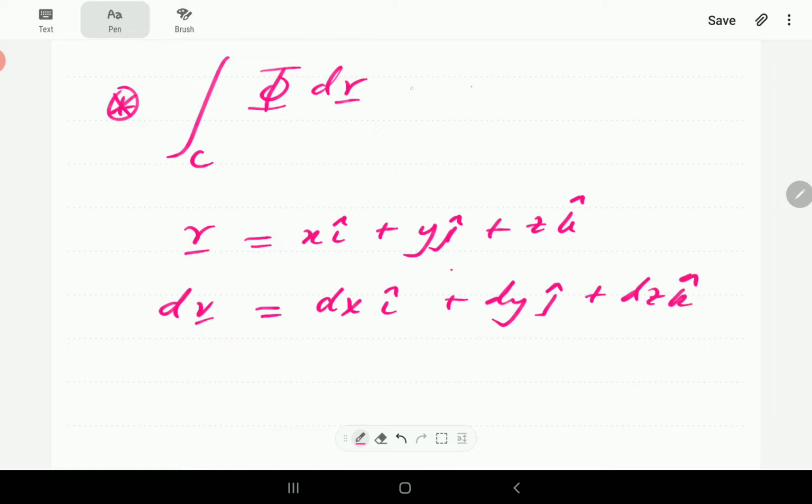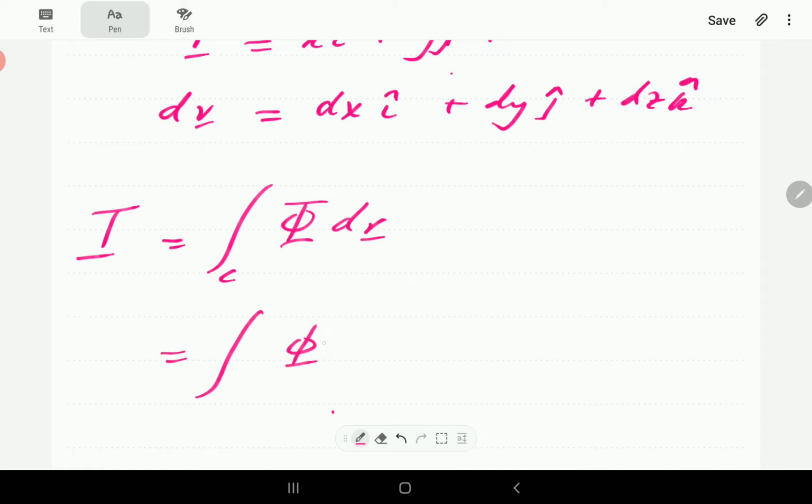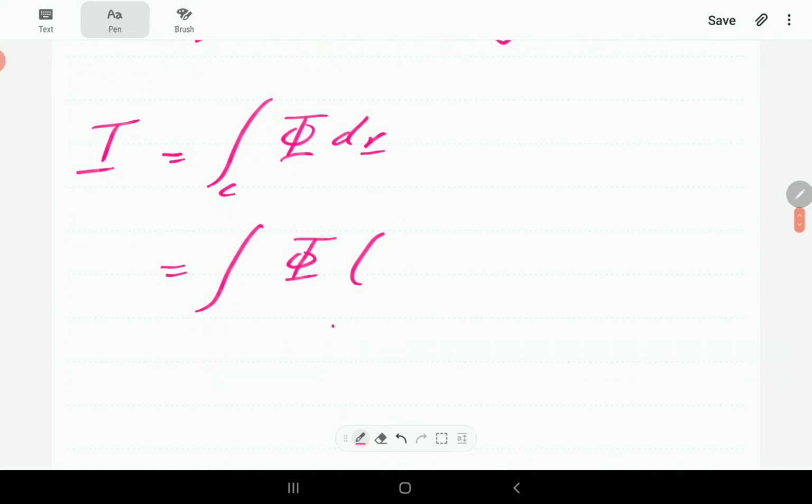So that means this integral here, let's call it I1. So I1, which is the integral of phi dr, would simply be the integral of phi times (dxi plus dyj plus dzk).